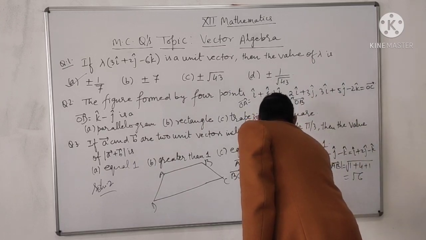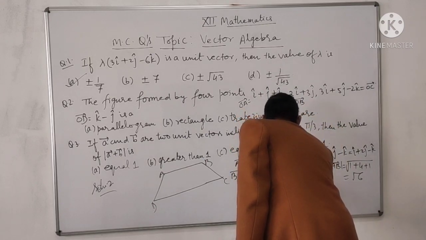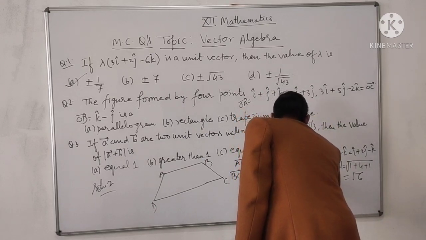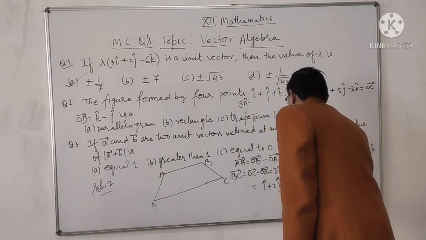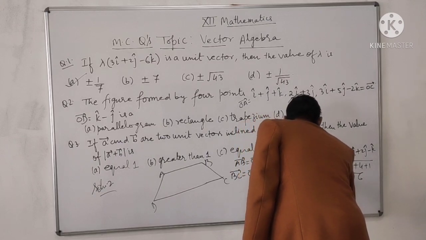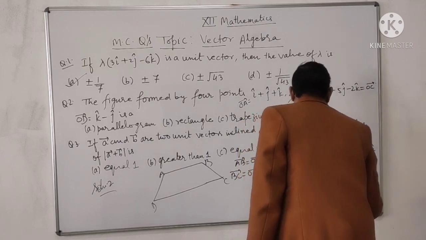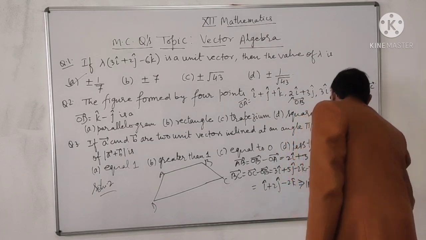It is i cap plus 2j cap minus 2k cap. Or mod of BC is root of 1 plus 4 plus 4, which is 3.